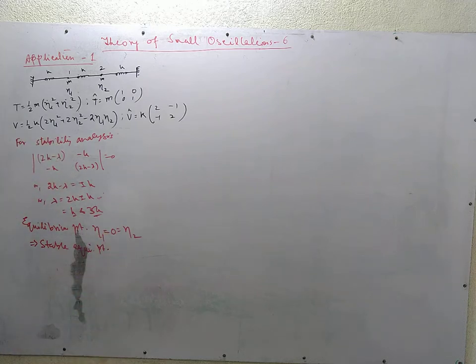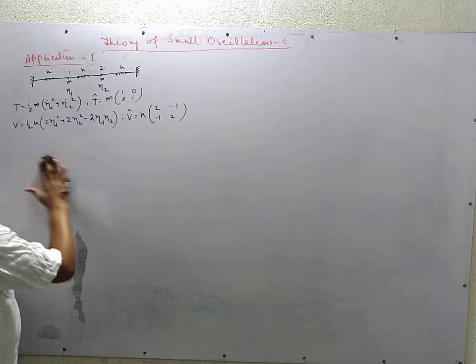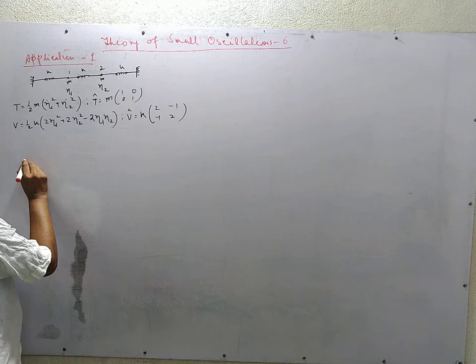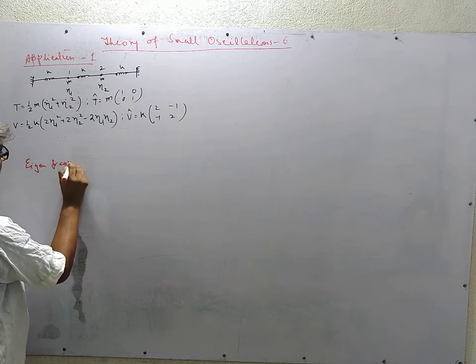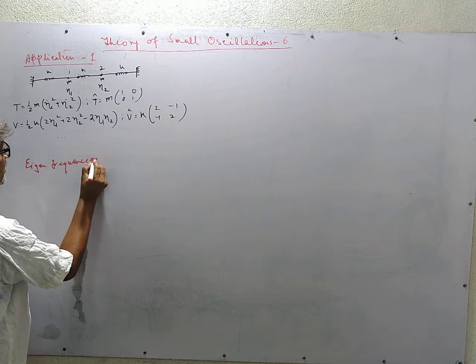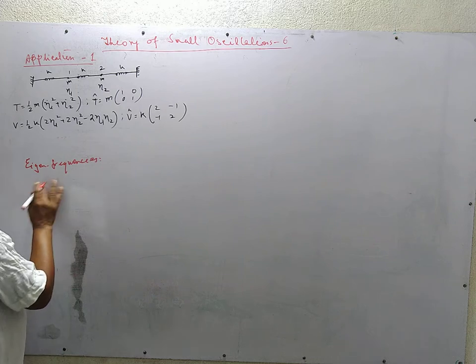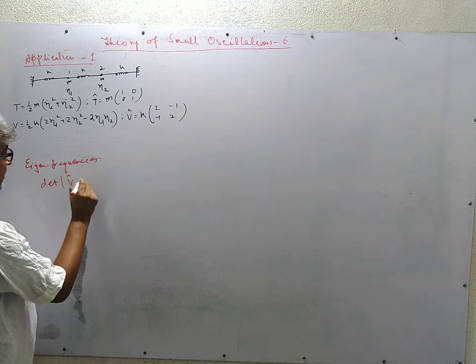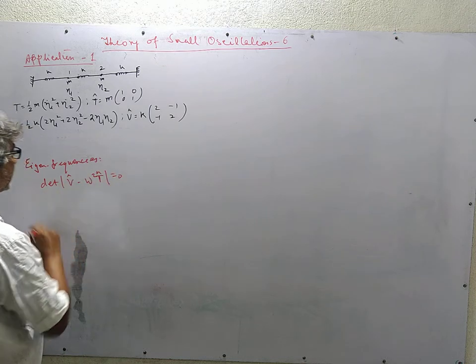Now coming to the eigenvalues of oscillations, the eigenfrequencies. Eigenfrequencies are obtained from the solution of the characteristic determinant, that is det(V minus omega square T) equal to 0.